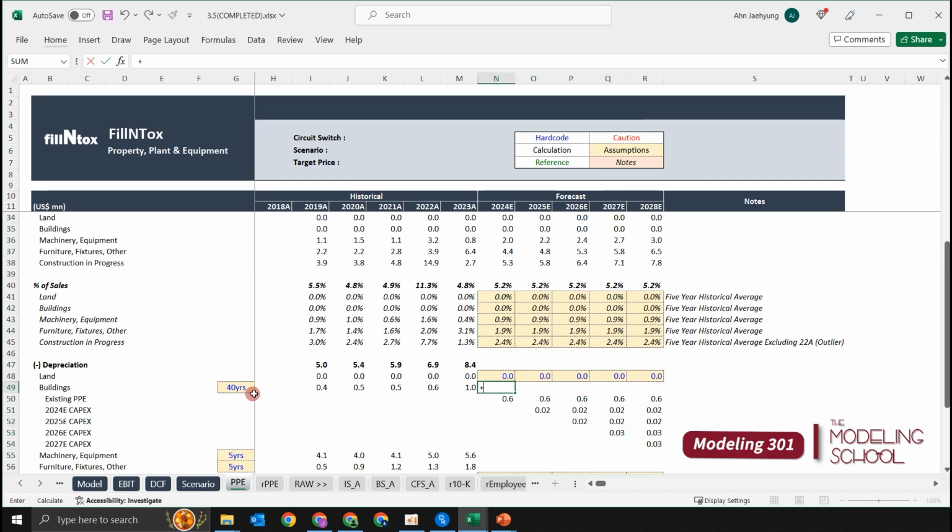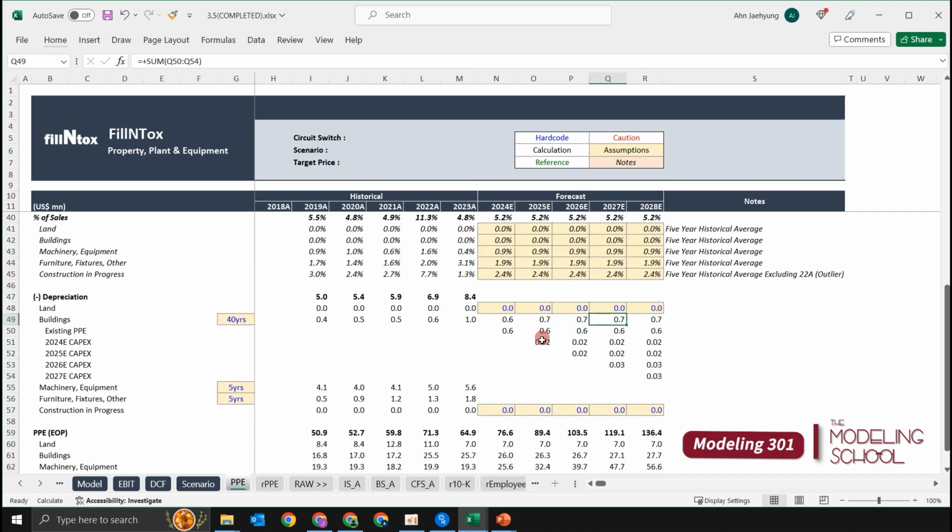And we're going to simply sum these 5 lines here, and we have forecasted depreciation for building asset classes.